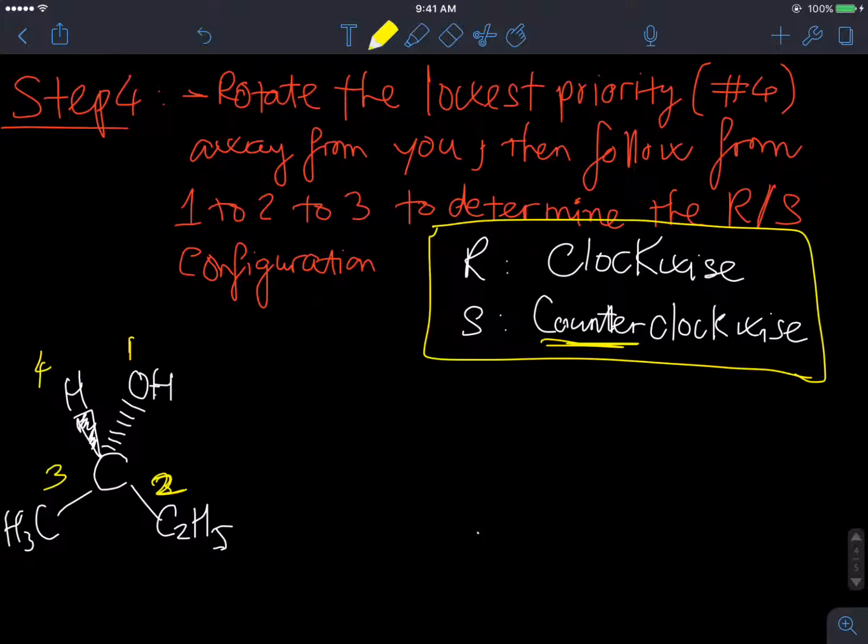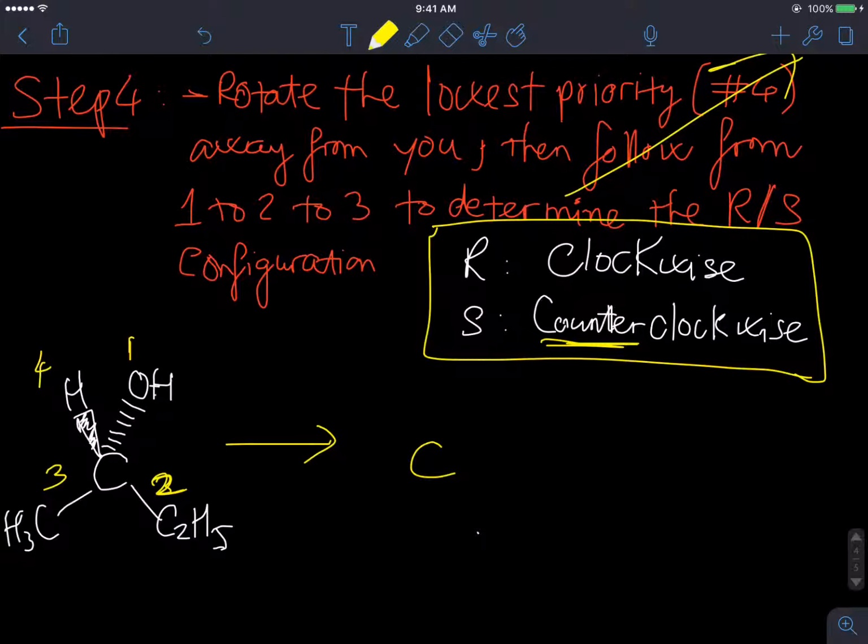You can click on the card in the top right corner to see that technique. Right now I'm going to rotate number 4 away from me according to my technique.